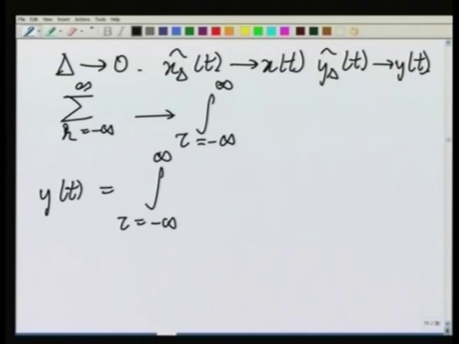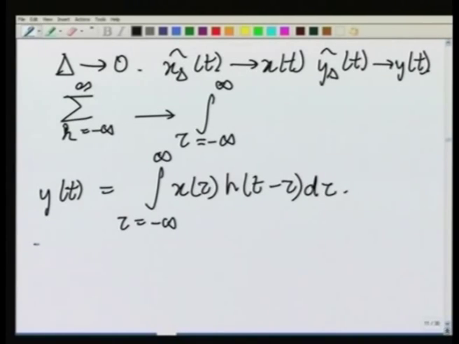That is the equivalent of what has become of the summation. x k delta is now, k delta is what has become tau. So, x k delta will be x tau, h t minus k delta becomes h t minus tau, and as we already said, delta will tend to the infinitesimal quantity d tau.